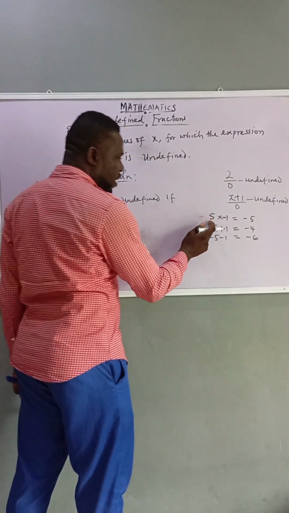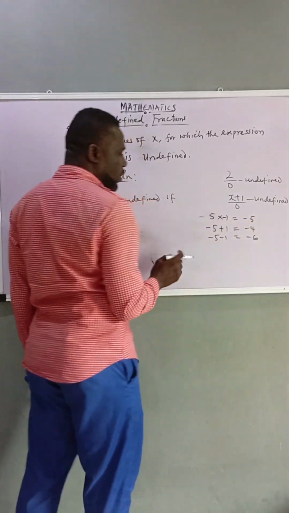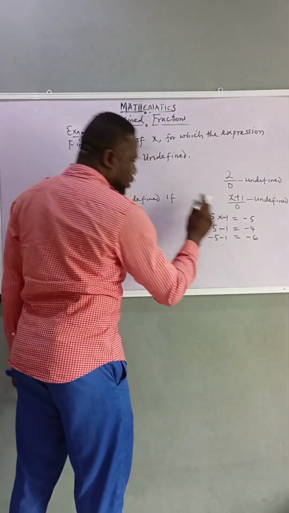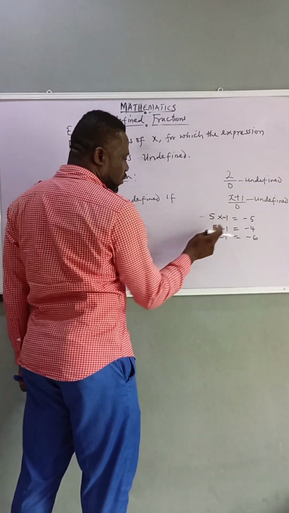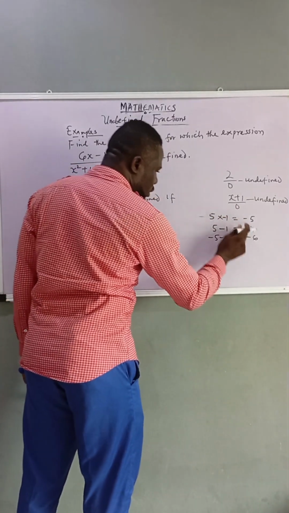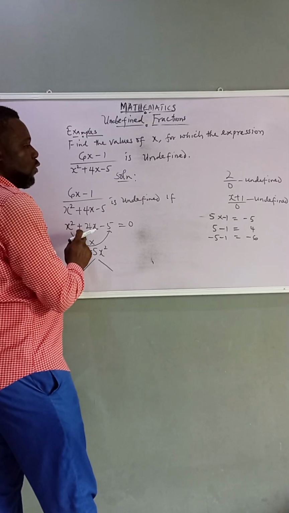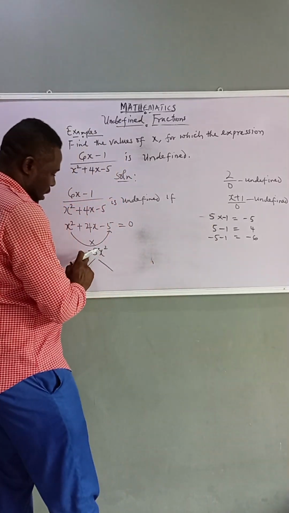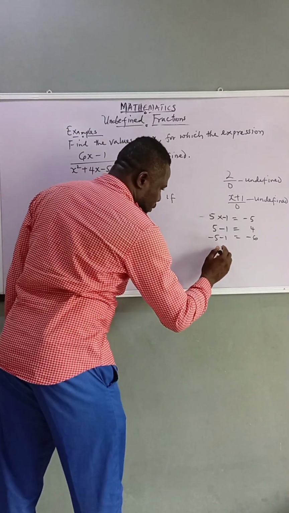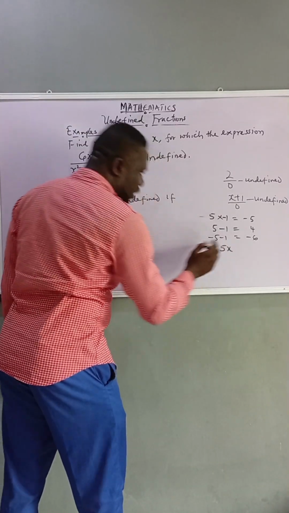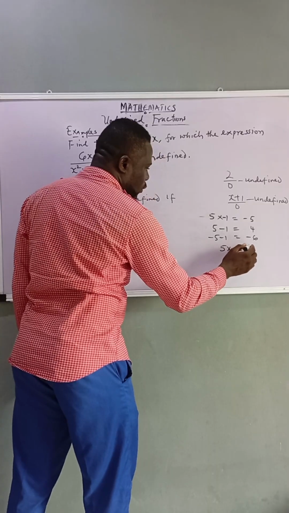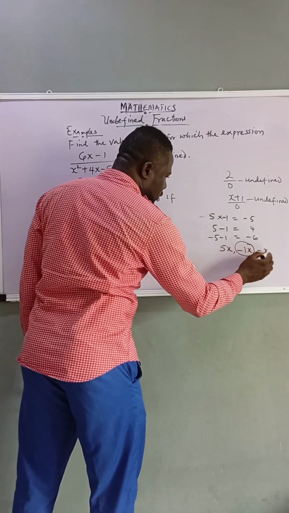Again we go. 5 times minus 1 will give us minus 5. Then we're adding. Plus times minus will give us minus. So 5 minus 1 will give us 4. We're already having plus 4. So the factors of minus 5x squared will be 5x and minus 1x, which is the same thing as minus x.